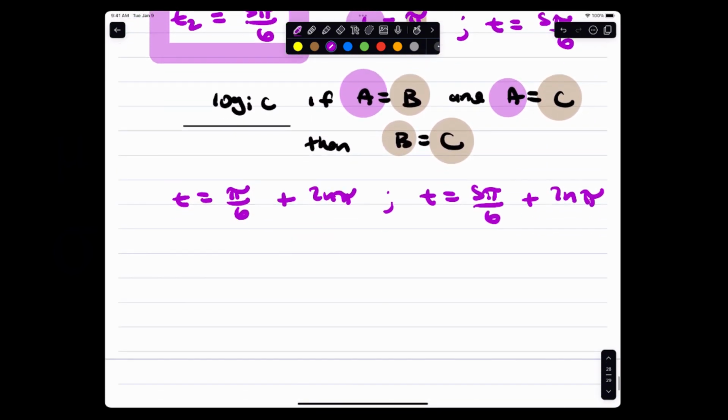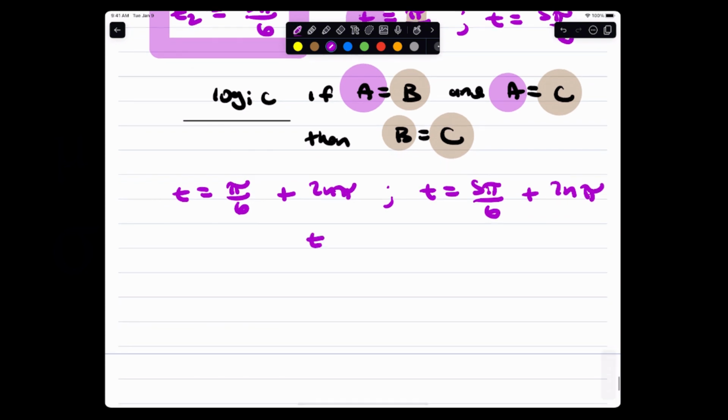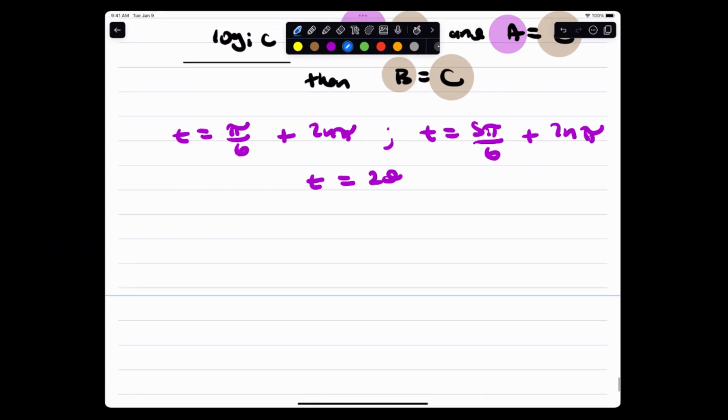Good. And then now you knew that t is what? 2 theta. T is 2 theta. So what that means now, in both cases, this is the same t. This means 2 theta is pi over 6 plus what? 2n pi. And it also means that 2 theta is 5 pi over 6 plus 2n pi.